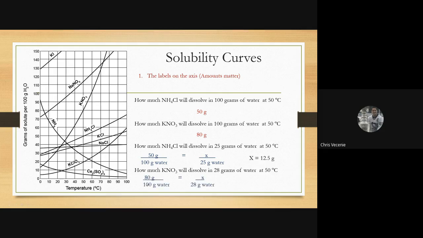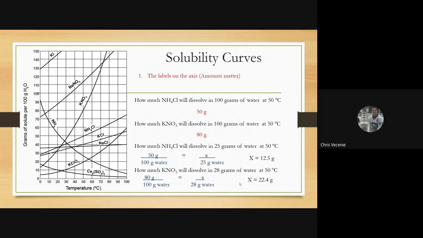So 80 can dissolve in 100 grams of water. I want to know how much can dissolve in 28 grams. So even if the numbers aren't nice and round, you set up your proportion, you cross multiply, and you'd figure out that you could hold 22.4 grams of the KNO3 if we only had 28 grams of the water.